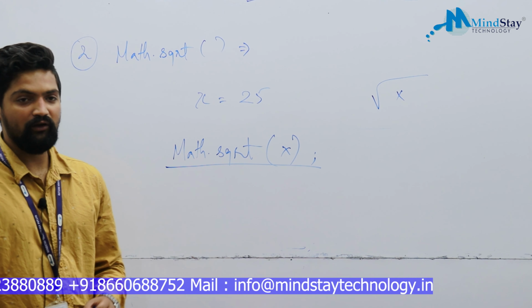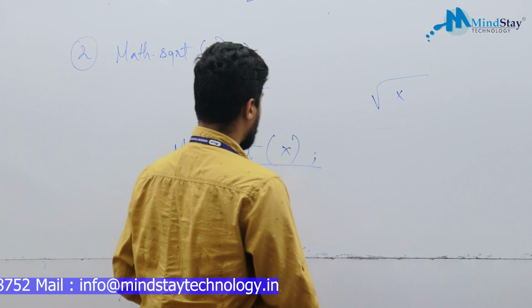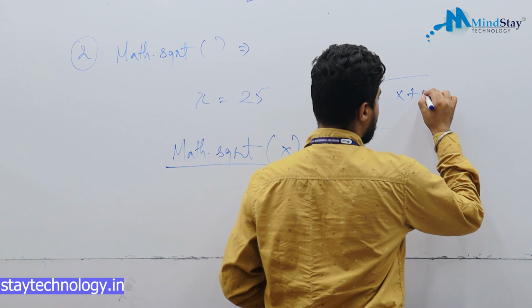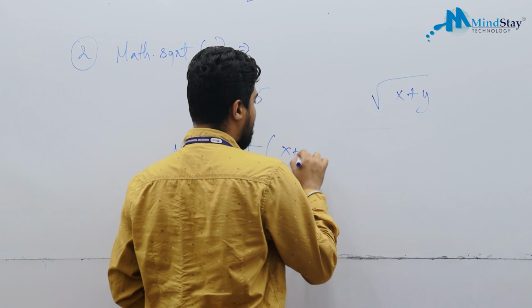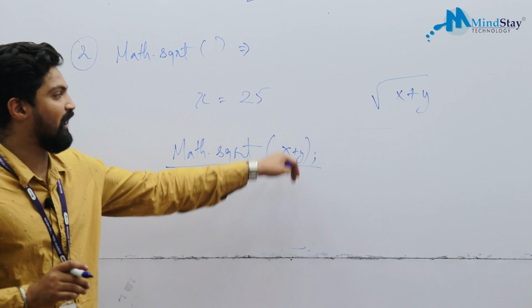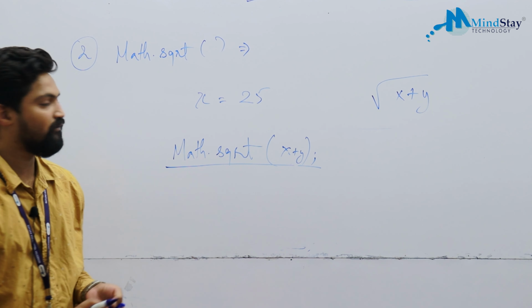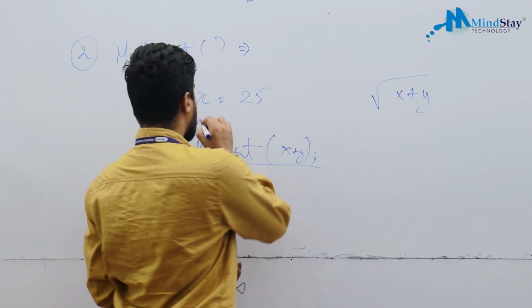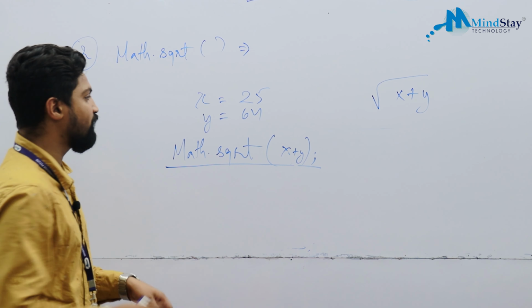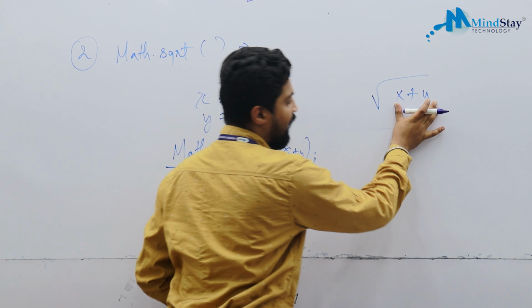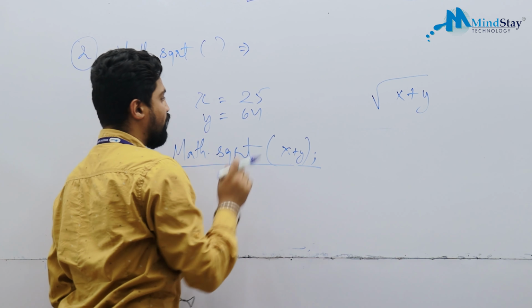Now if I have an expression here like x plus y, inside this bracket I'll add x plus y and put that entire expression inside my math.sqrt. Let's say y is 64, so 64 plus 25, it will add both and find the square root of both.